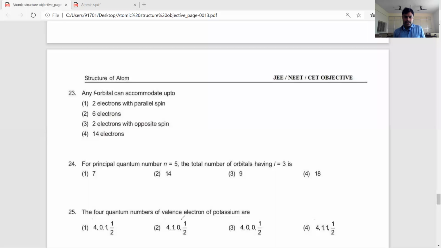Any F orbital, not only F orbital, any one orbital has a maximum of 2 electrons, with opposite spins.